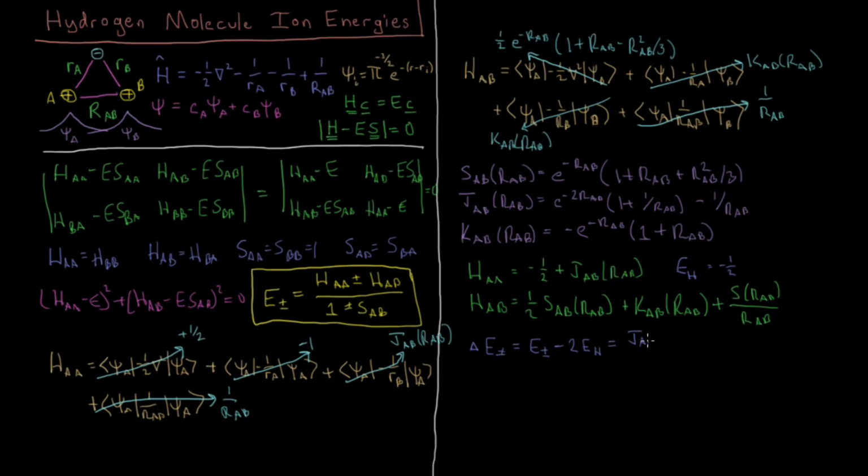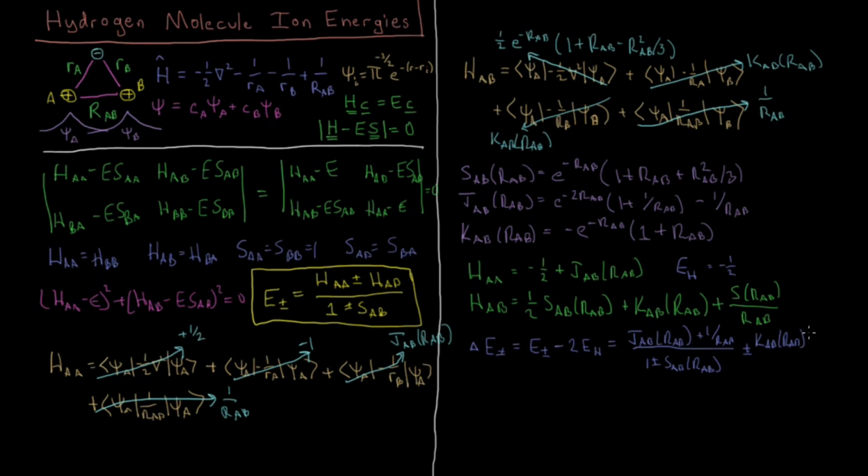We have JAB plus 1 over R, all of this over 1 plus or minus S. And then the second term, we have plus or minus, depending on the state, KAB, RAB.